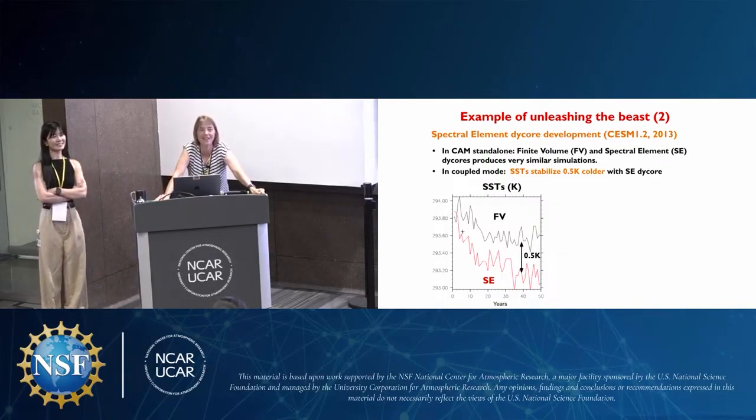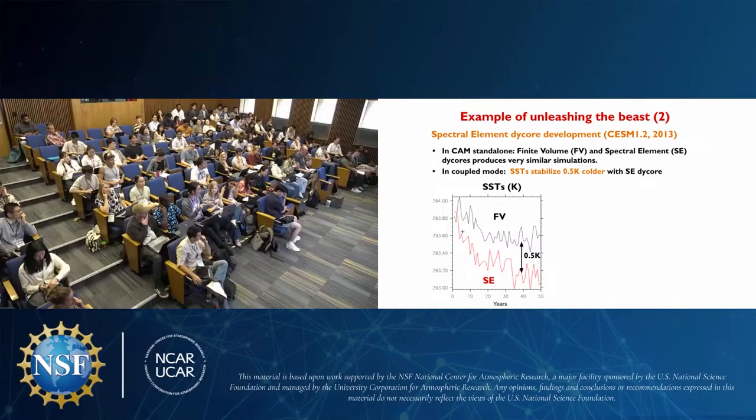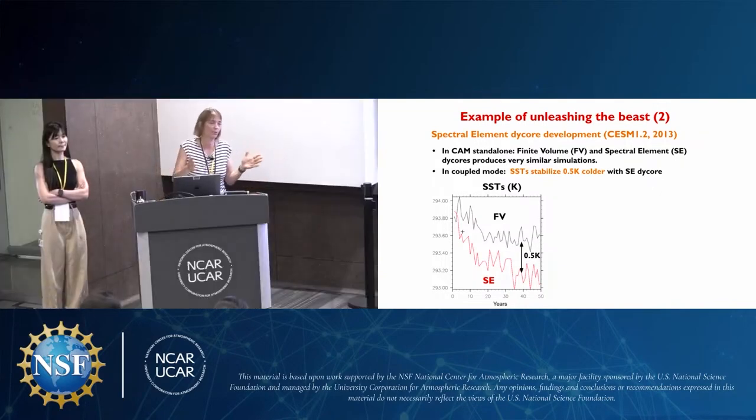So the tuning is based on the observation, and we don't have the observation from the future. How much do you tune to the current observation without impeding the ability to predict the future? There is no perfect solution. Our rationale is that if you want to have at least a little chance to predict the future, you have to be able to represent the present day and the 20th century and everything that we have observation for.